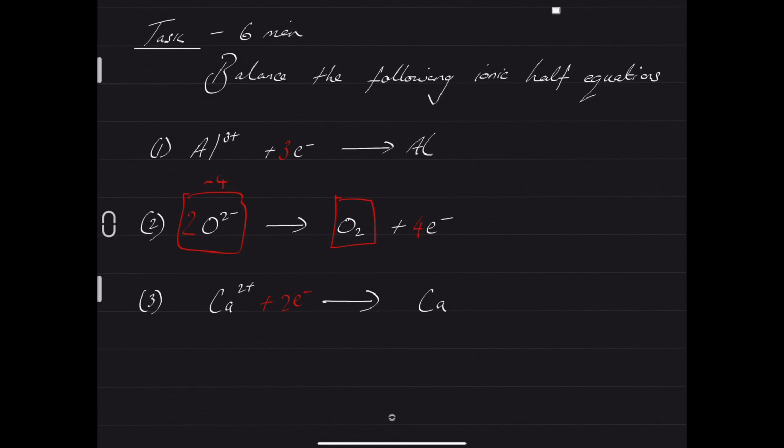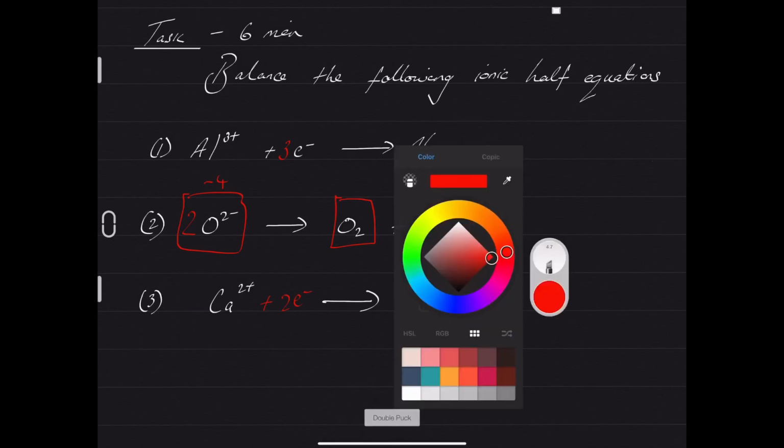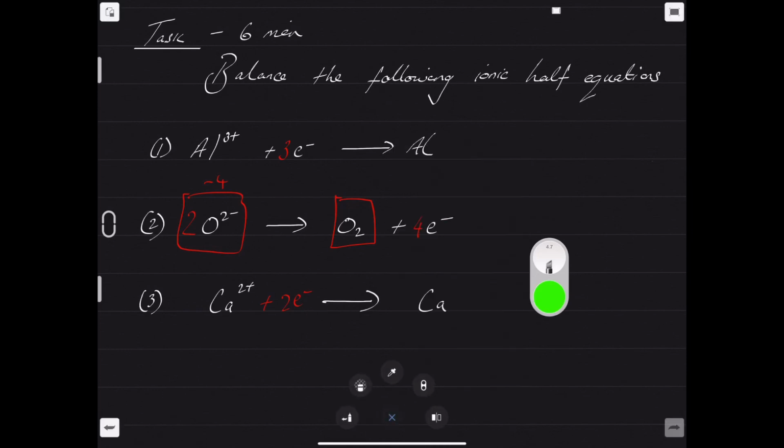Now for each equation, I want you to pause the video here and write down whether it's an oxidation or reduction reaction that's occurring and where it would be occurring.